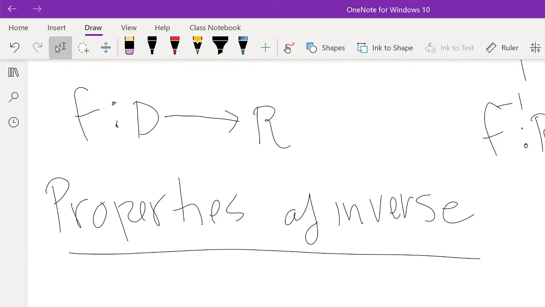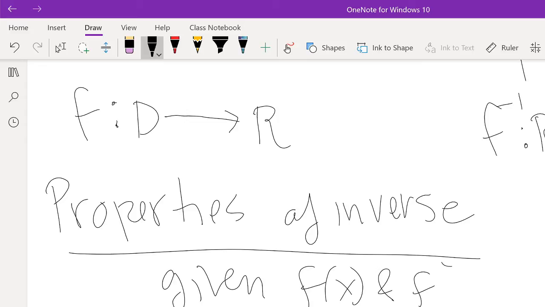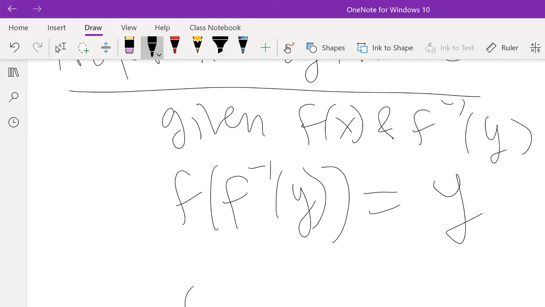In terms of composition, given f of x and f inverse of x, we have f of f inverse of x equals x, and then f inverse of f of x is equal to x.